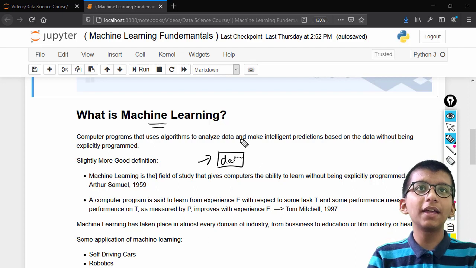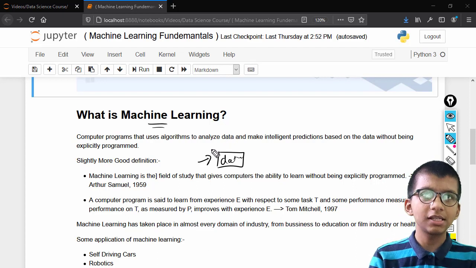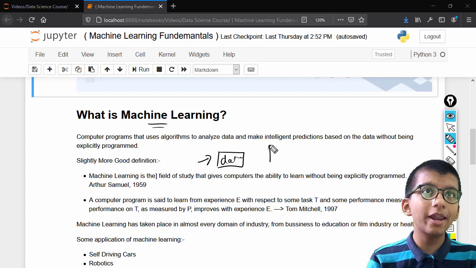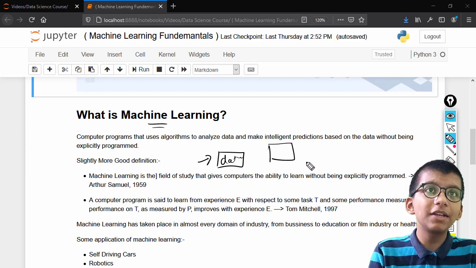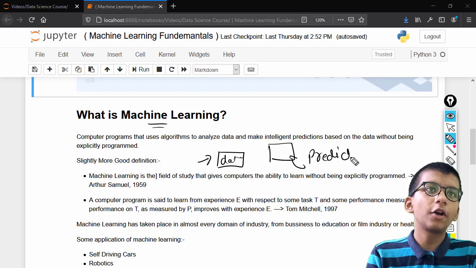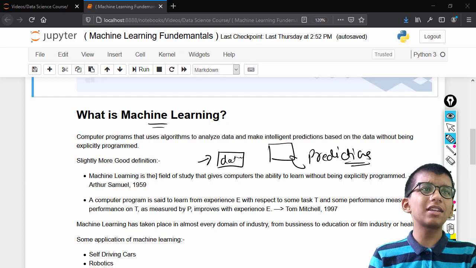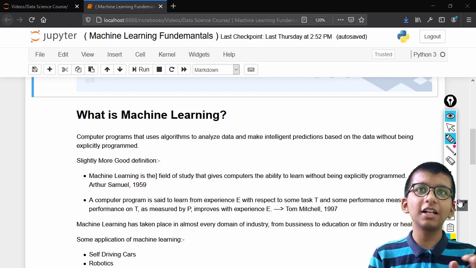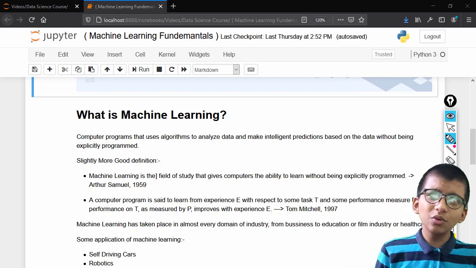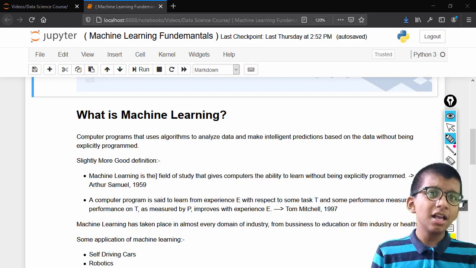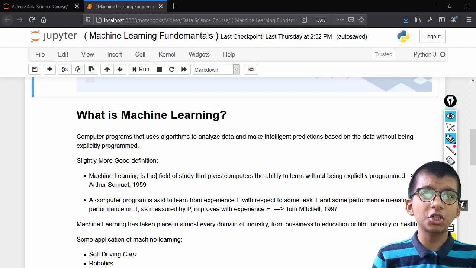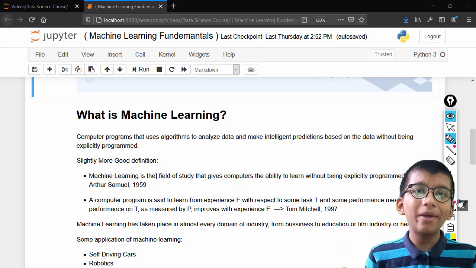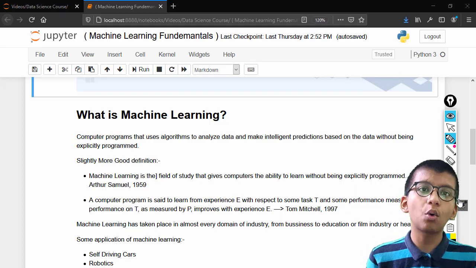So we are given size and price, and we train an algorithm on it and get a model, and then we can use this model to make predictions. This is an overview, and we'll talk about it in detail in a second. So you can think of machine learning as machines that learn from data and make intelligent predictions based on what they have learned without being explicitly programmed.